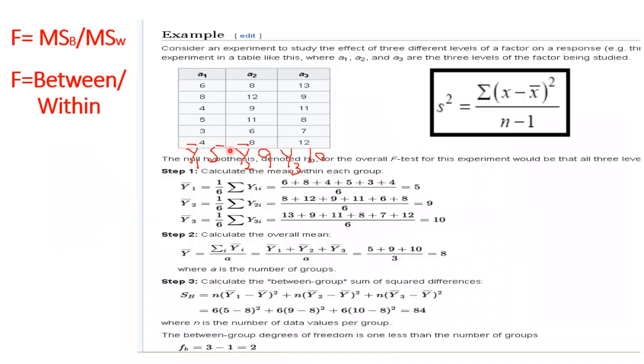Now, how to calculate ANOVA or F for this study. F is basically the ratio between the mean square between and mean square within.